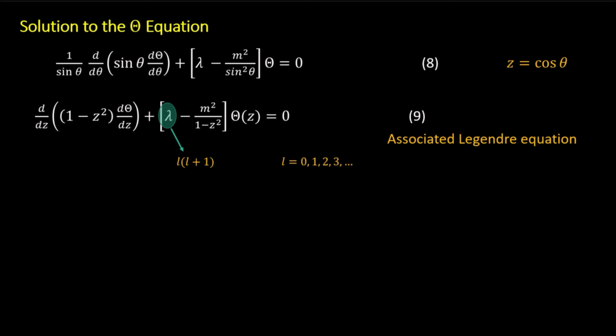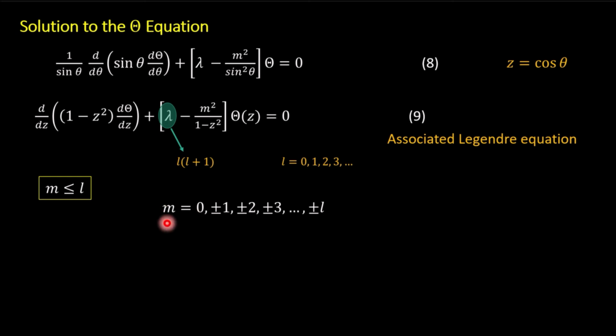Now the condition of the associated Legendre function demands that the integer m can have both positive and negative values, like what we have seen in the solution of the phi equation, but its maximum value is limited by the value of the constant small l, such that the magnitude of m is less than or equal to l.